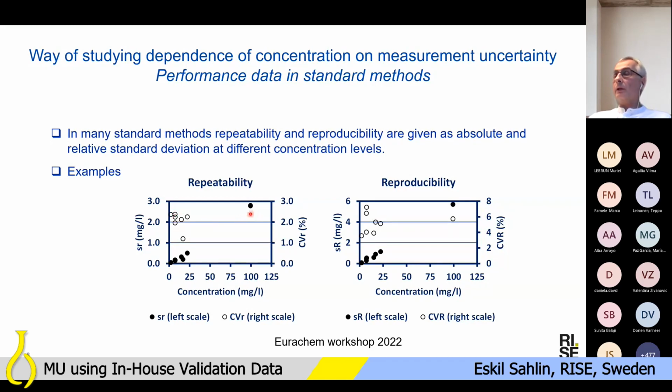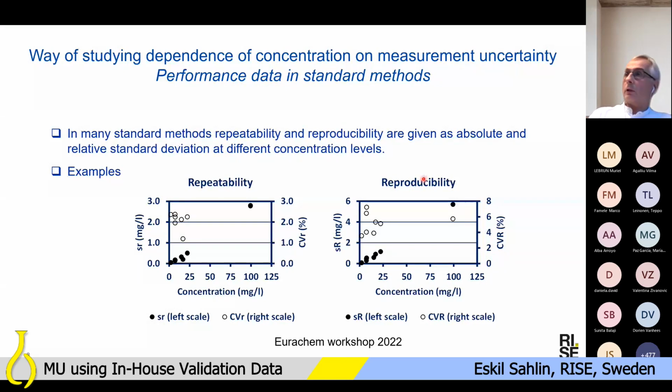There should be an open symbol up here at 100 milligram per liter also. I think it's actually overlapping with the filled symbol. And if we look at the reproducibility, we will see a very similar pattern to the repeatability. So this again shows that repeatability is quite a good estimate of what the concentration dependence for the uncertainty will look like. And reproducibility is often a very good estimation of what the uncertainty will be for the whole method.